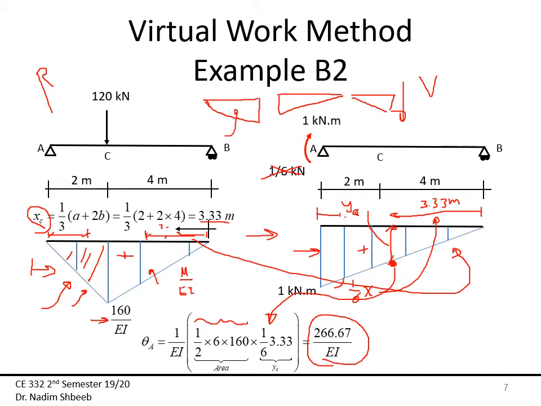You find the area under this, and then you find the location of the centroid. So if this is the centroid, then you take this over here and find that value, or you go over here and find that value. So you can use the same technique for this. Also, if you have a trapezoid, you can use the same.